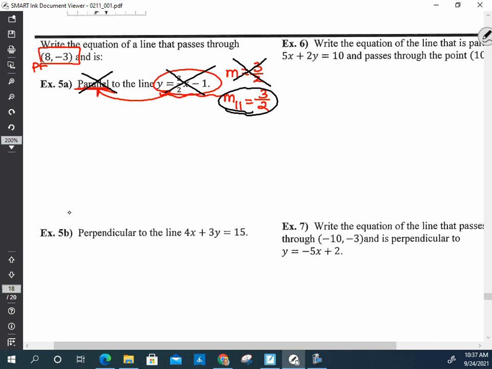Now to finish the problem, we use the parallel slope, which was 3/2, and the point, which was (8, -3). You have a slope and you have a point, so that's point-slope form all day. We substitute everything.